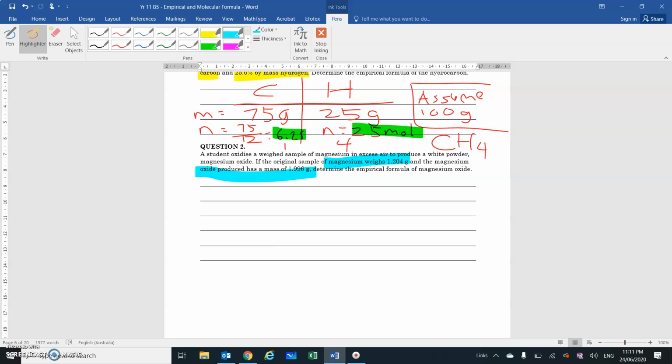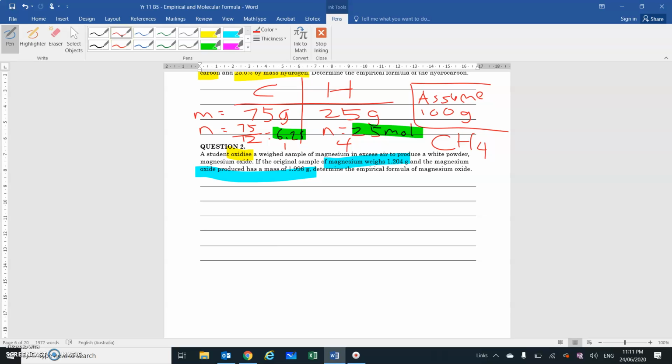We could probably do this because we know what magnesium oxide is, but let's work it out using the information we have. A student oxidizes. That's really important. Oxidizes means oxygen is available, and of course to get magnesium oxide from magnesium you have to have oxygen.